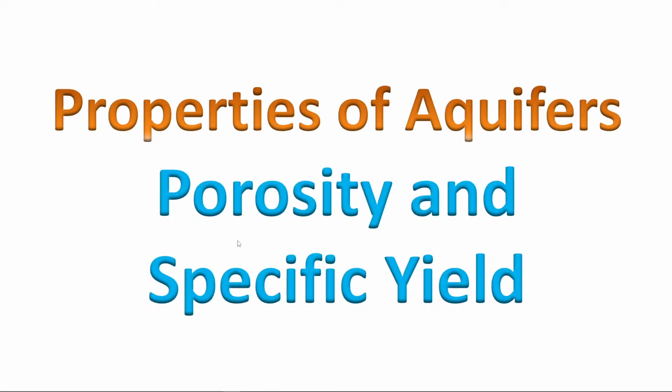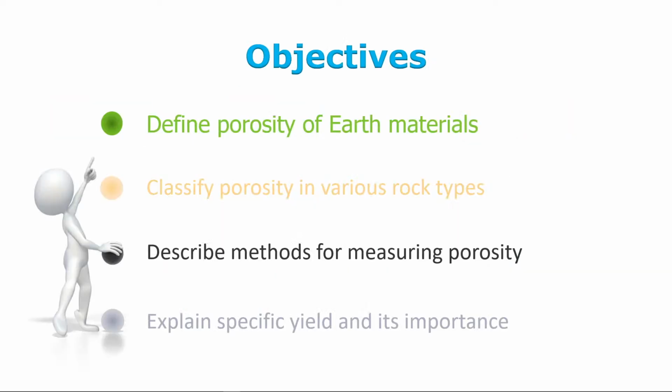Okay, so let's get started with the first lesson in the properties of aquifer, which is porosity and specific yield. By the end of this lesson you should be able to define porosity, and define what is porosity versus effective porosity.